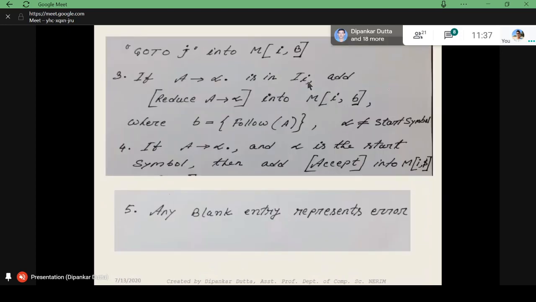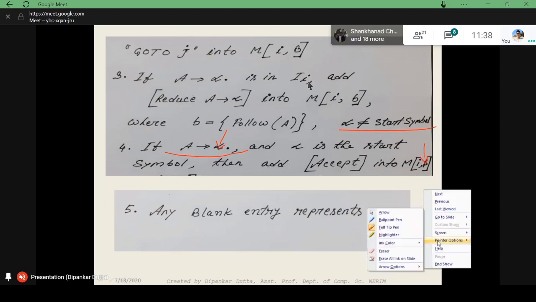Third rule: where alpha may not be the start symbol. If A implies alpha dot, then what to do? Then we write M of I dollar.